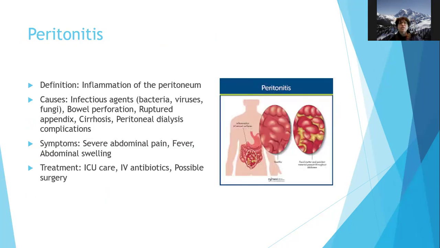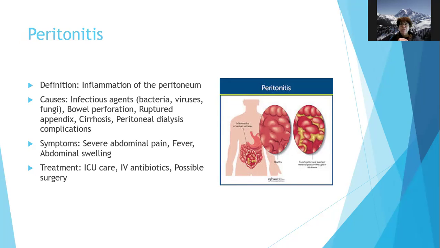Peritonitis: the peritoneum is the lining of the abdominal cavity, and peritonitis is inflammation or really infection of the peritoneum. So it's mostly caused by infectious agents, bacteria, viruses, and fungi. And if your bowel is perforated, like in an accident or in a surgery, or your appendix ruptures, liver cirrhosis can cause peritonitis, and with peritoneal dialysis the peritoneum can get infected.